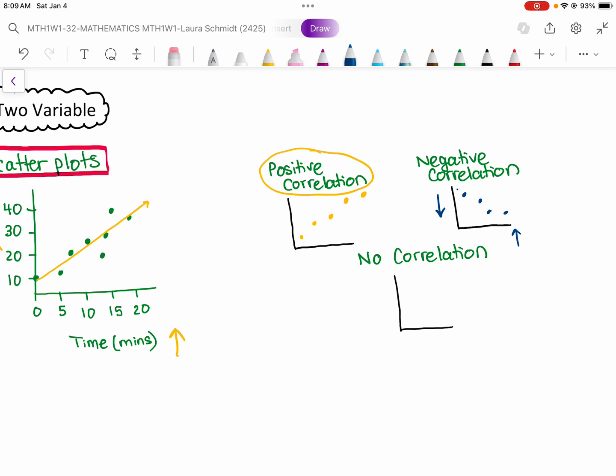So it would result in a graph that's going down to the right instead of up to the right. And then we can also have things that have no correlation, and they're just a scattering of dots, in which case you can't really draw a line of best fit because you could draw a line like this, or like this, or like this. There's no way to draw the line. It could look like anything. So there's no relationship between the two variables.